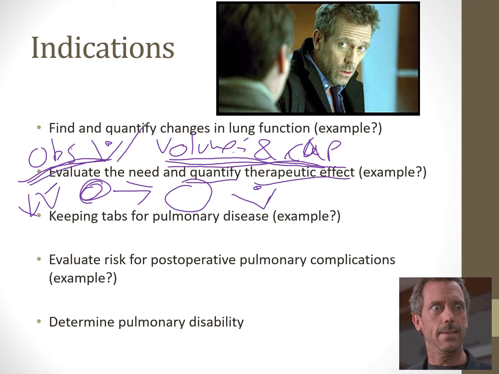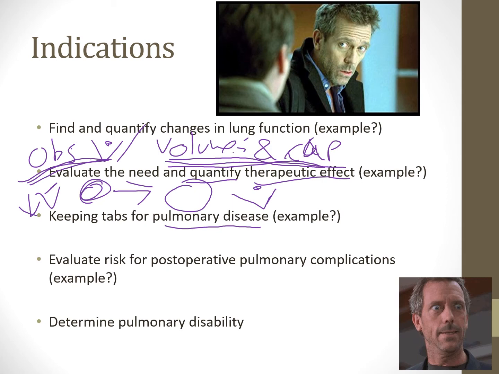Pulmonary diseases, especially if someone has pulmonary fibrosis or COPD or asthma or chronic bronchitis or bronchiectasis or cystic fibrosis, I don't know if I already said that one. If anybody has any of these chronic pulmonary diseases, whether restrictive or obstructive, we can keep tabs. In other words, we can trend how their pulmonary function is doing.